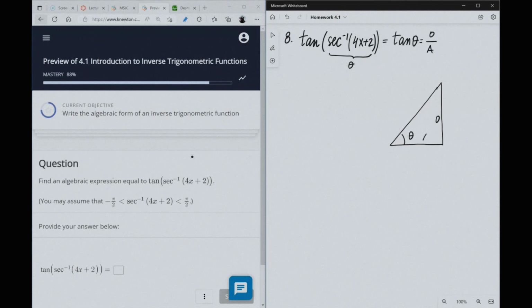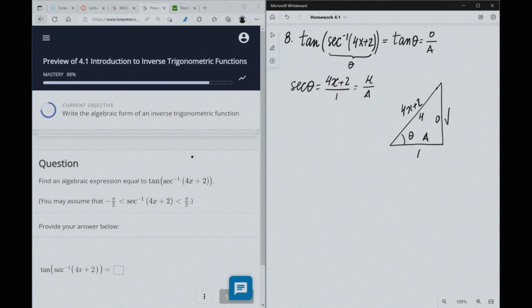This is my opposite, this is my adjacent, this is my hypotenuse. Now we're going to use the fact that secant theta is 4x plus 2 over 1, and the fact that secant theta is hypotenuse over adjacent. And I'm going to label the hypotenuse as 4x plus 2 and adjacent as 1.